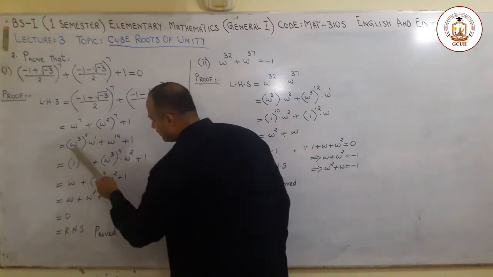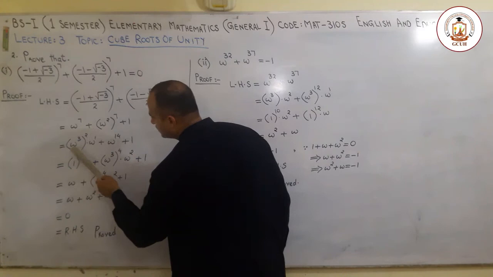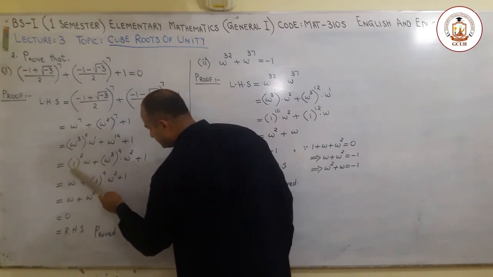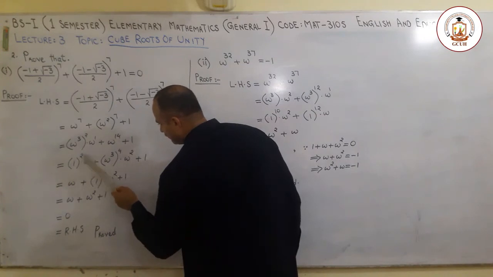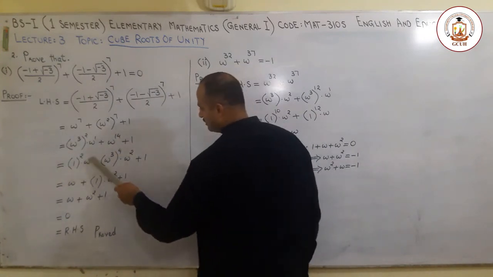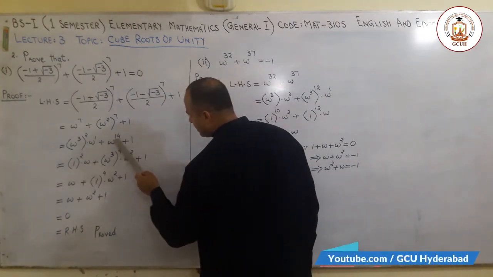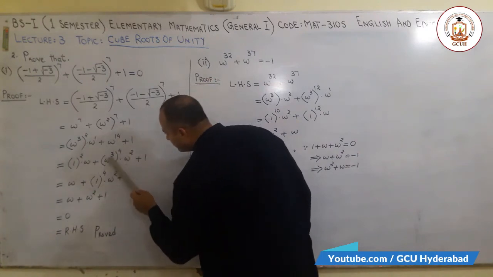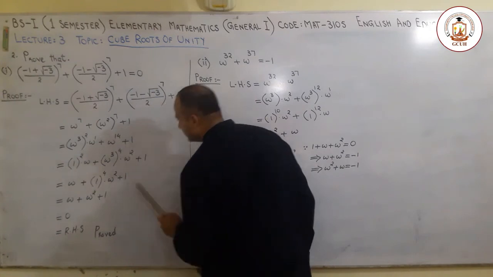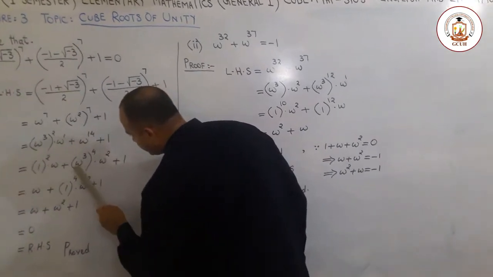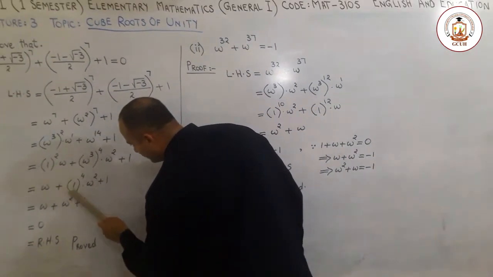We know from the properties of cube roots of unity that omega cube is equal to 1, and omega power 1 is omega only, and the power 14 can be broken as 3 fours are 12 plus 2, 14, and then again we have omega cube which is equal to 1.